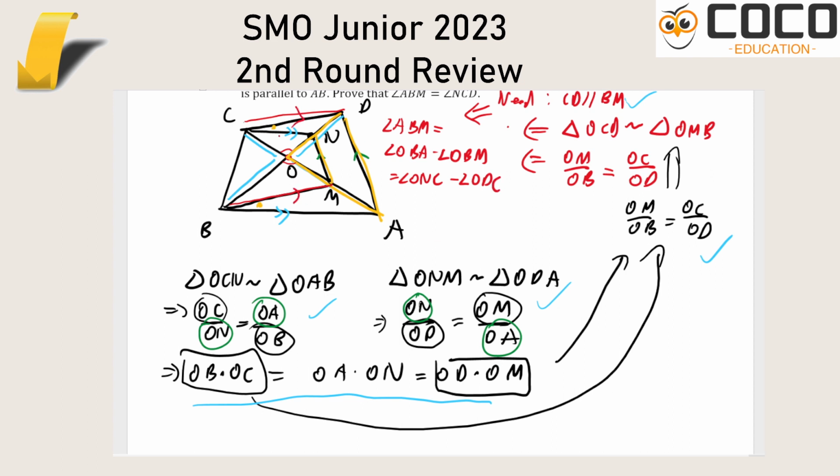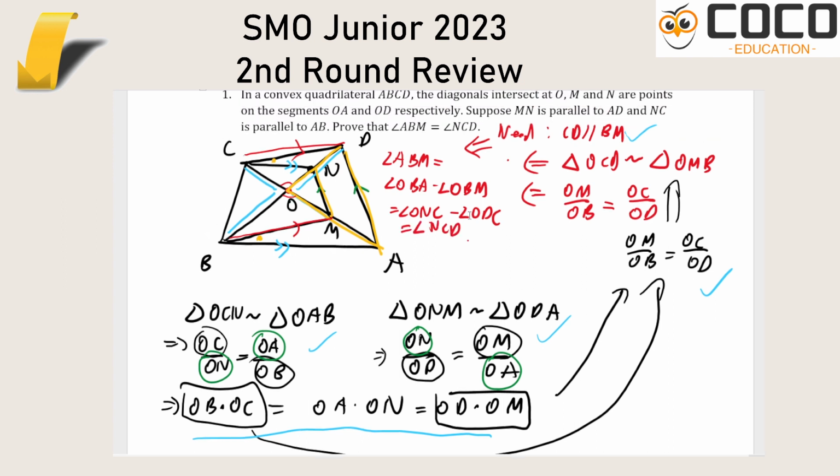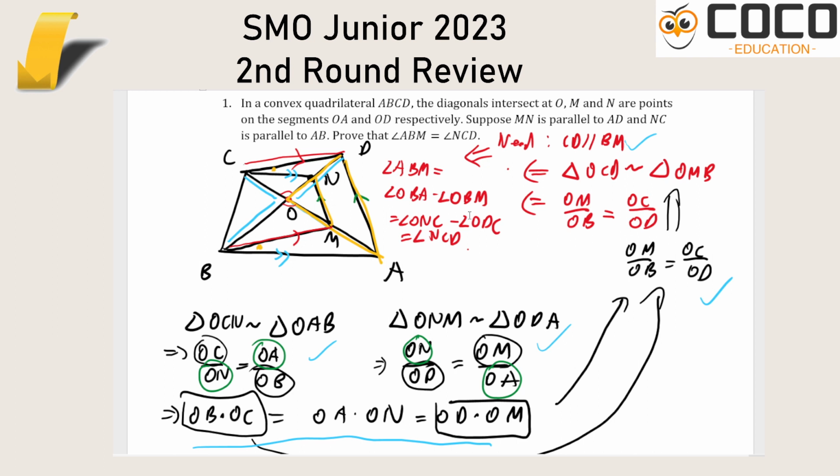And ONC minus ODC is indeed equal to NCD. So that's our first question. I would say this is a fairly normal geometry question for the second round of the SMO Junior.